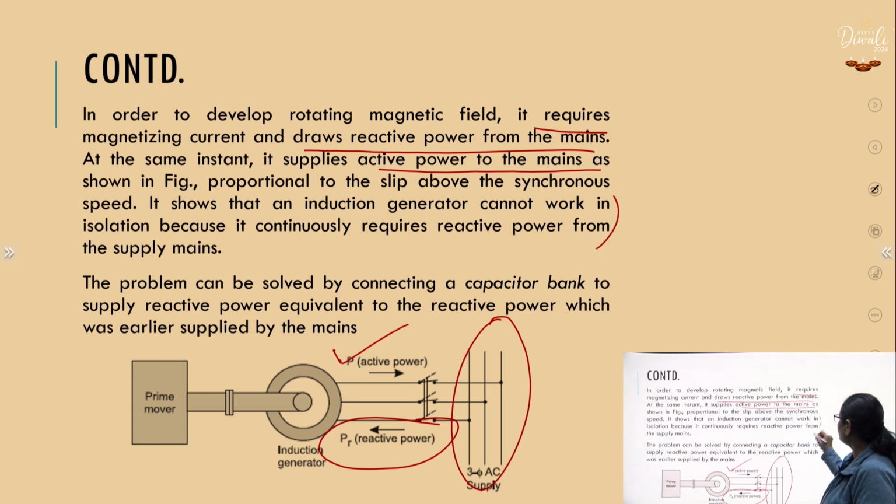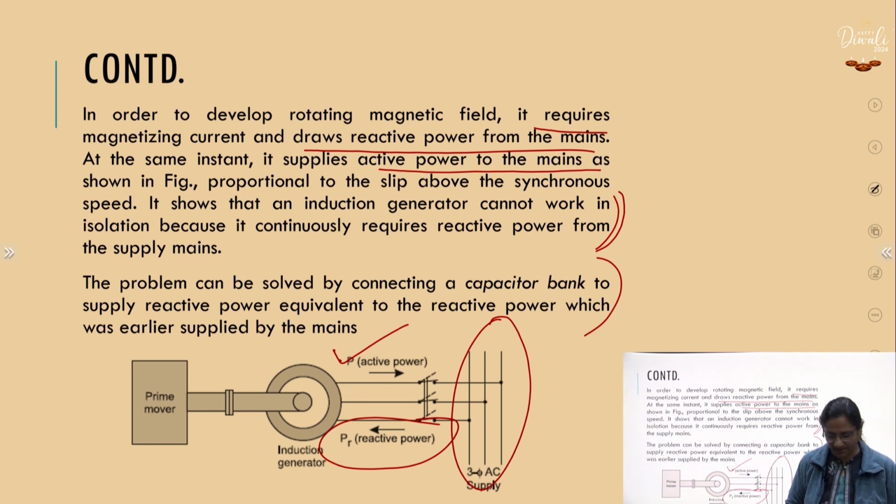So, this particular operation shows that an induction generator cannot operate in isolation because it continuously requires reactive power from the supply mains. But this problem can be solved by connecting a capacitor bank to supply reactive power equivalent to the reactive power which was earlier supplied by the supply mains to the motor.